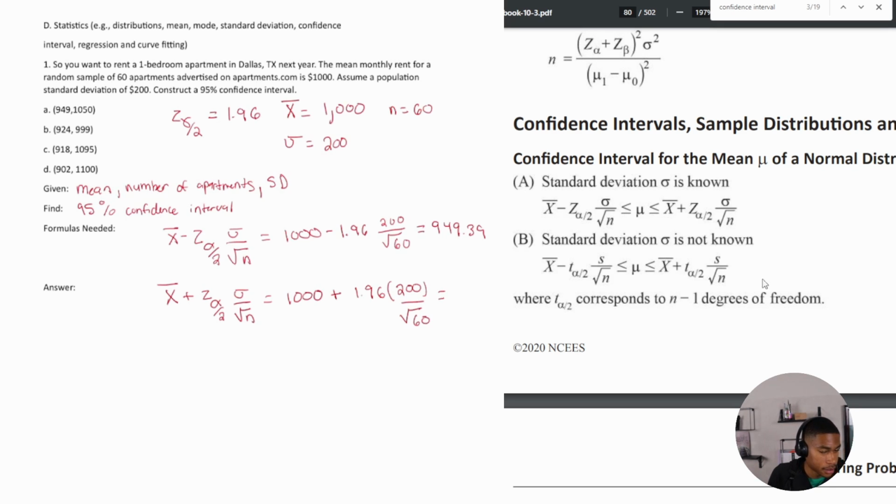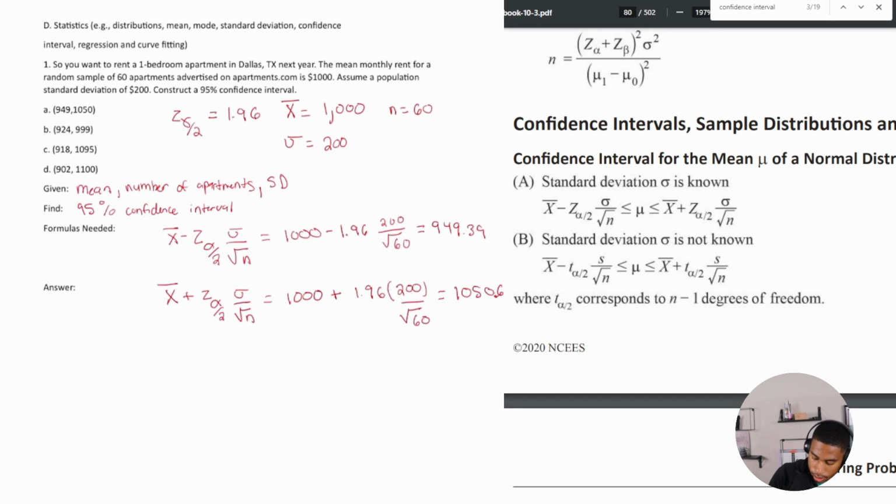And that is going to give us 1050.6. Right. So our answer is going to be A.